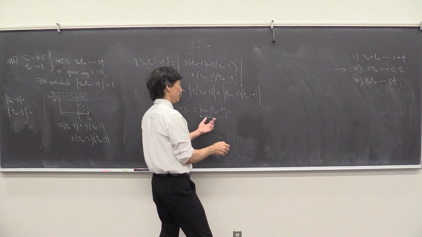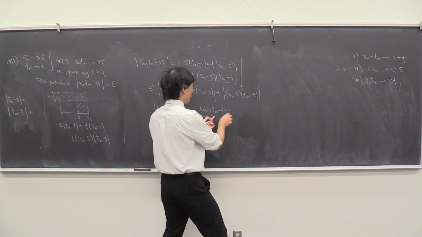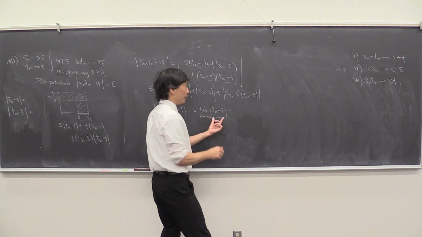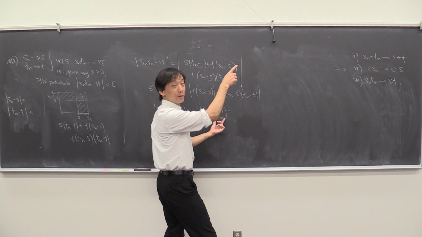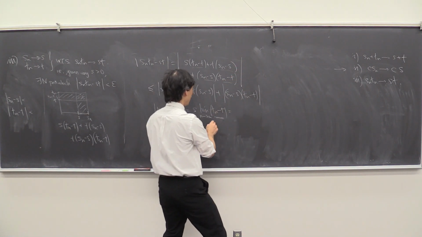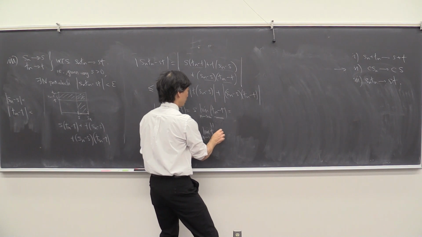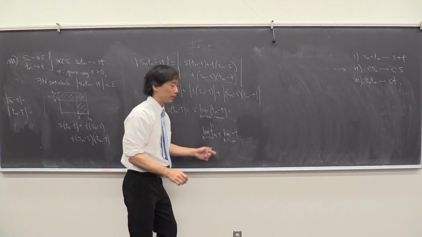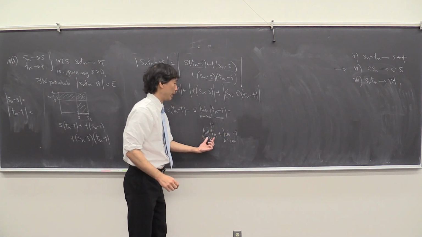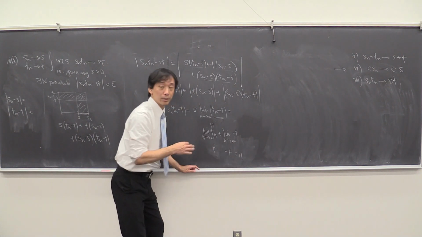If you're not convinced by that, this is a limit of a difference, and so we can use part 1. Part 1 says that's going to be the limit of Tn plus the limit of negative T. Well, this is going to be T, that's going to be negative T, and so you get 0.